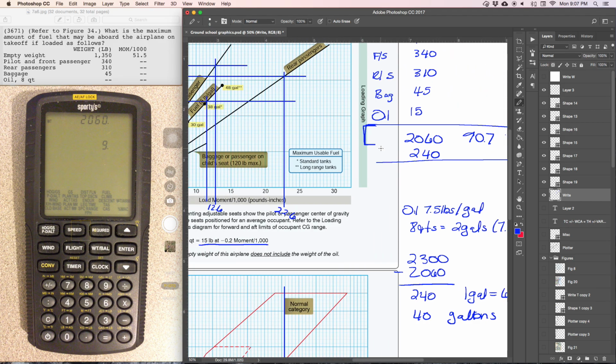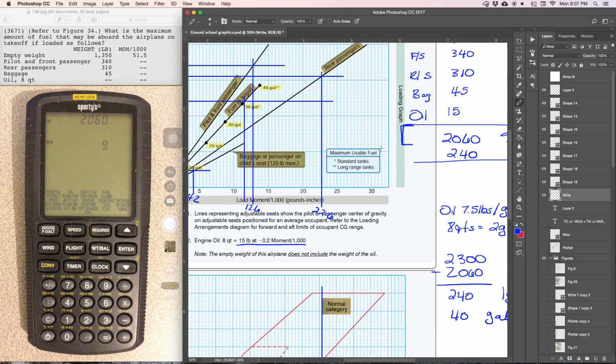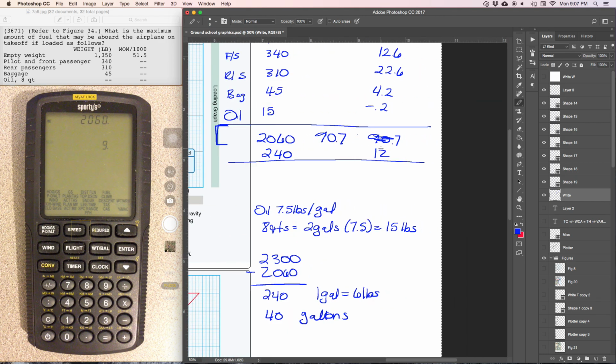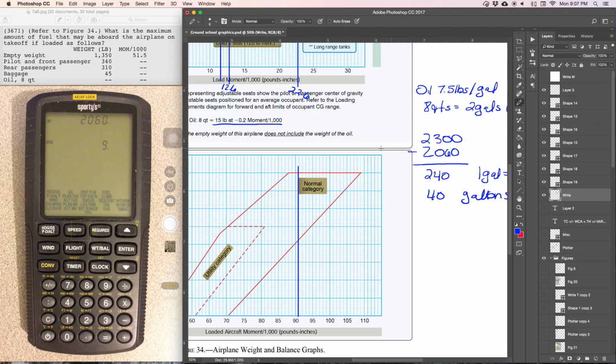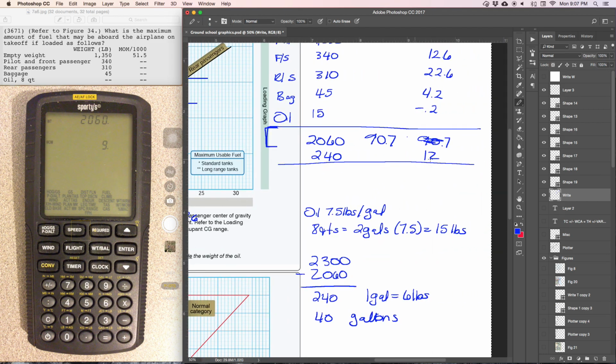So for the fuel, moment 90.7, and then we add 240, moment 12.